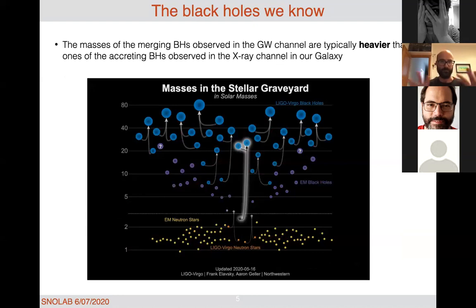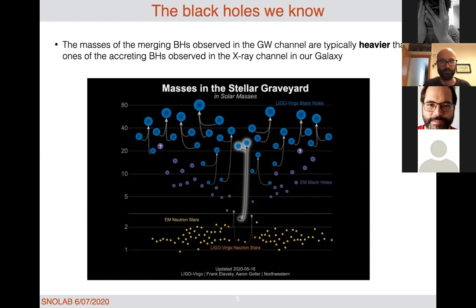And you see, these are typically in the same ballpark in terms of mass as the ones that belong to X-ray binaries. So the blue dots compared to the purple dots in these plots, but a bit heavier, getting to 40, possibly even more solar masses.